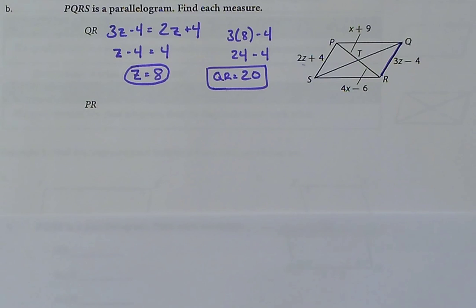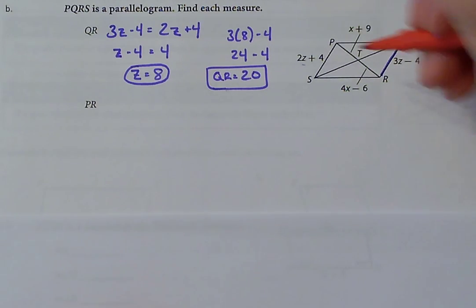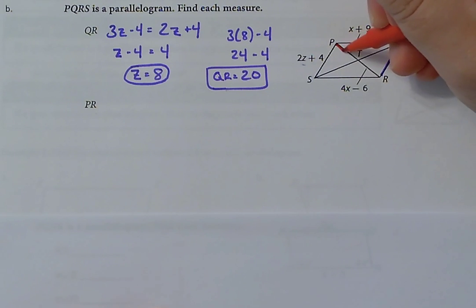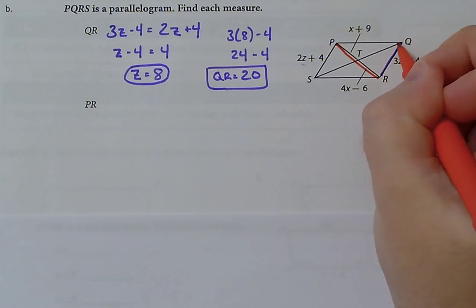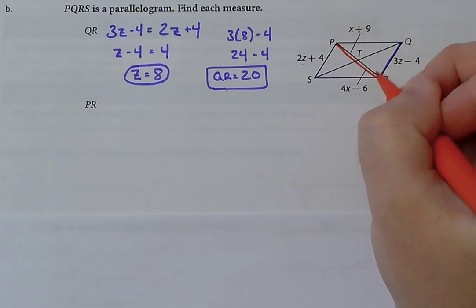Okay, next we have to figure out what the measure of PR is, and PR is going to be a diagonal through the parallelogram. And the thing that we know about diagonals from our theorems is that diagonals bisect each other. So this diagonal QS bisects PR.